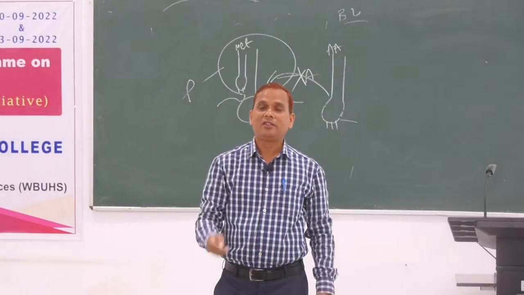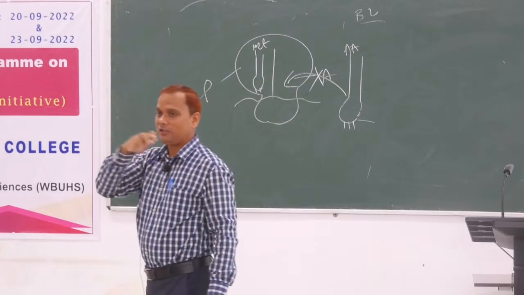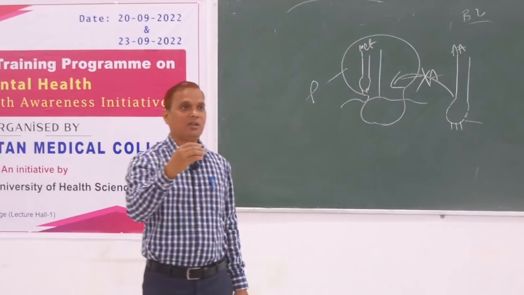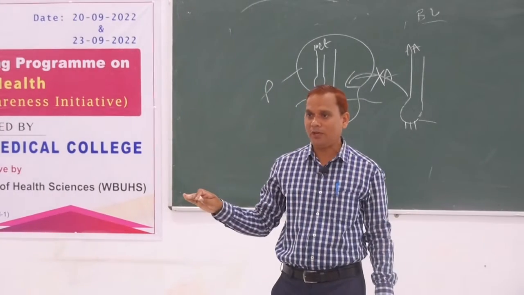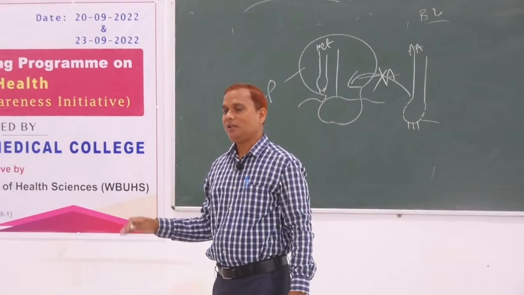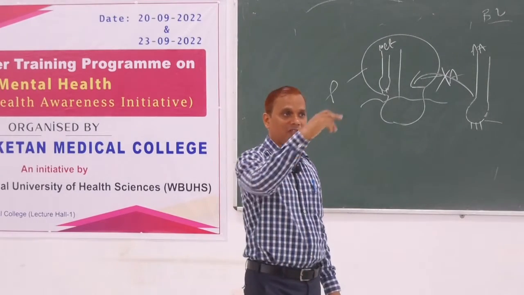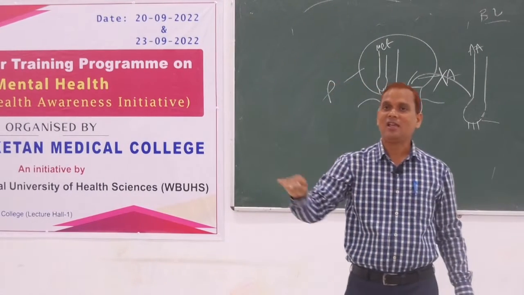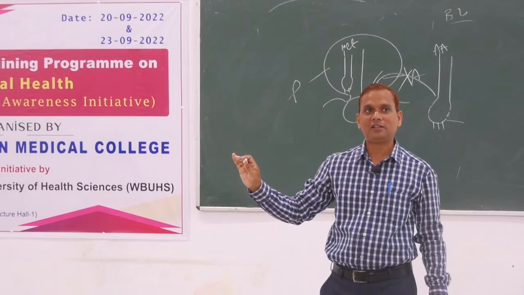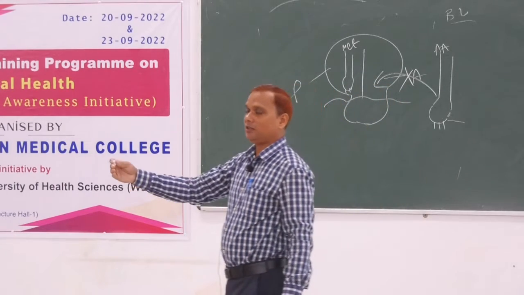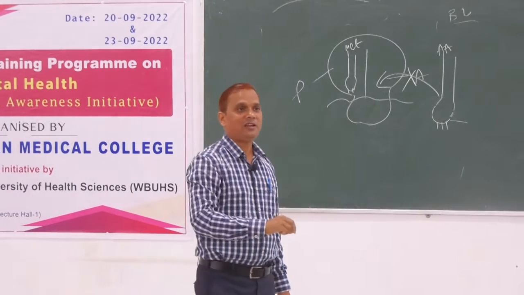What will happen? The codon and anticodon pairing should be there, that means complementary pairing should be there. Then only the proper amino acid will be synthesized. Due to the structural changes, that pairing will not occur. That means the mRNA will be misread by the tRNA.